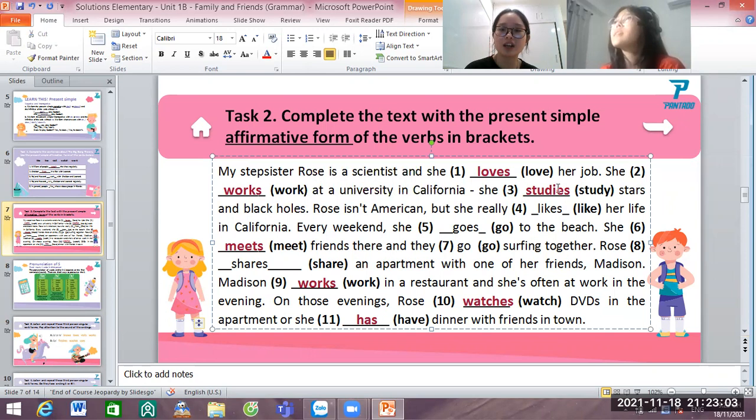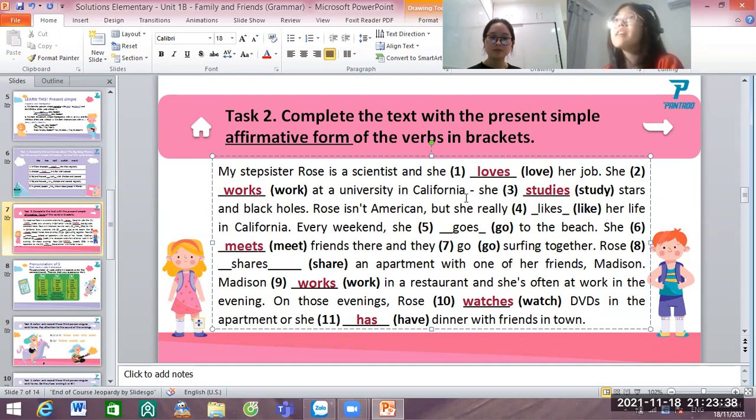Okay, let's start with she here. She studies stars and black holes. Rose isn't American, but she really likes her life in California. Every weekend, she goes to the beach.